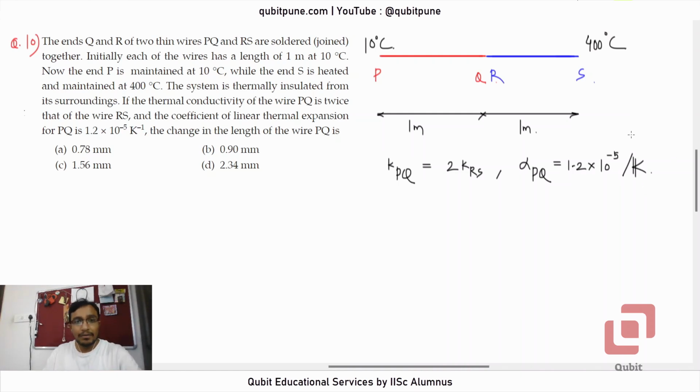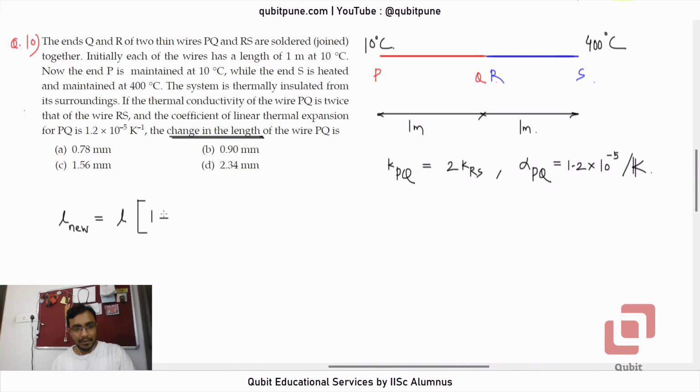First of all, we will recall the formula that we have to use to calculate the change in length. This takes us to thermal properties of matter, which says new length L new is equal to L old into bracket 1 plus alpha into delta T. Do you remember this formula?